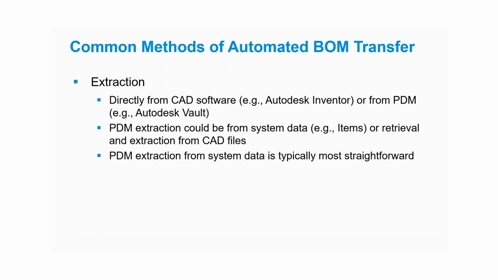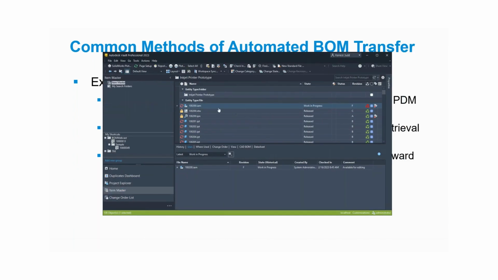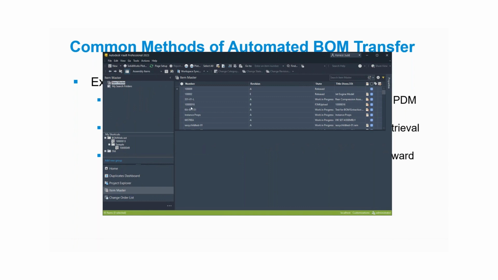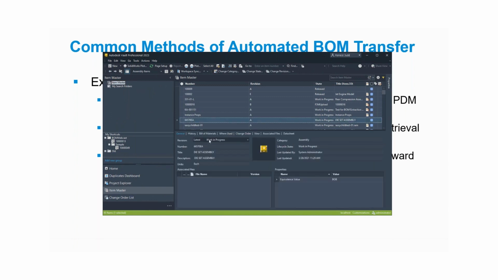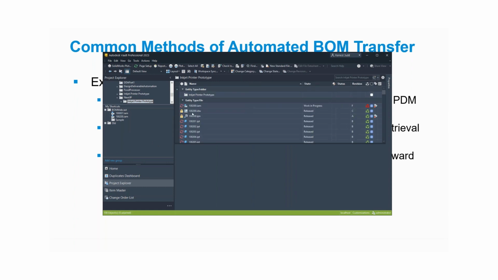And that extraction could be from, in Vault's case, Vault Professional has this concept of the item master, which is essentially bills of material, just captured inside the Vault here, right? And so when we're talking about extracting data from something like Vault, we can extract the bill of materials here directly if it's captured in the system, or we can go down all the way to the file level. And if it's something like Inventor, we can extract the bill of materials data from the files themselves.